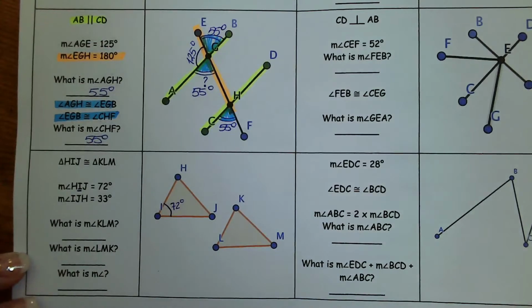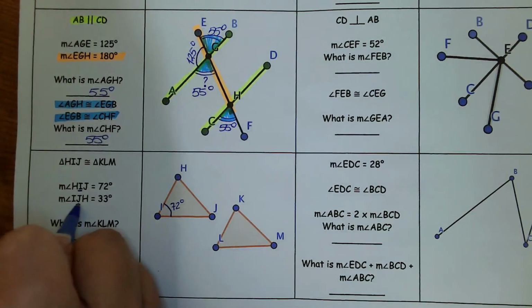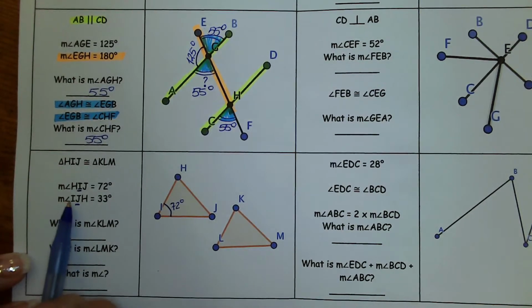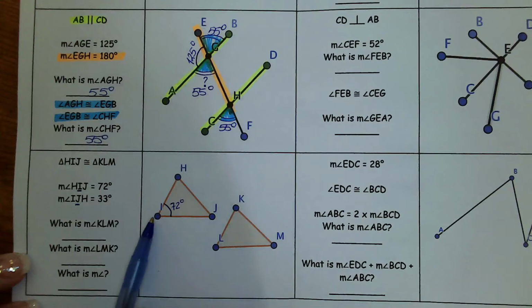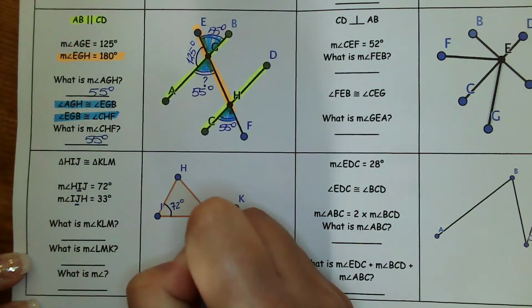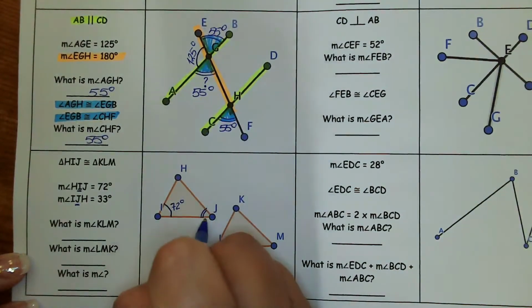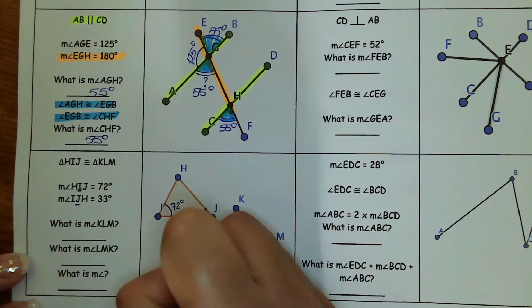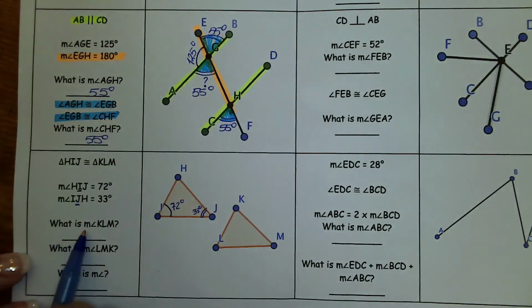72 degrees. The measure of angle IJH, so J being the middle letter, I need to go from I to J to H. IJH is 33 degrees. Different measure, I can have two arcs for 33 degrees. What is the measure of KLM?